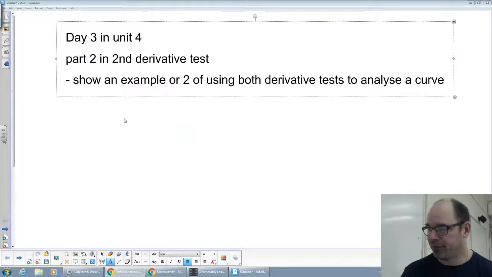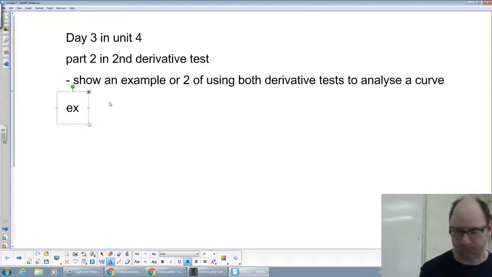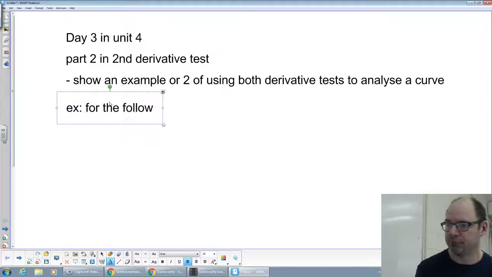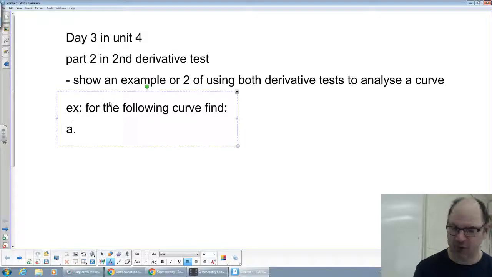Let's just do the simplest thing. Let's do an example. Let's say, find for the following curve or graph, and let's label these out. Let's find first of all the critical numbers, or critical points, if you like.